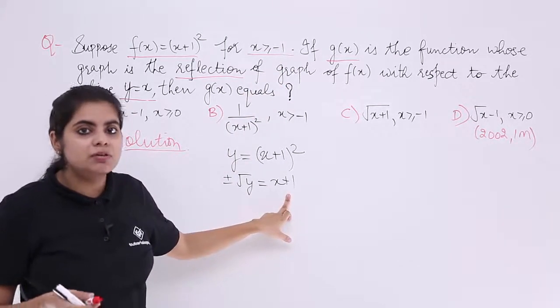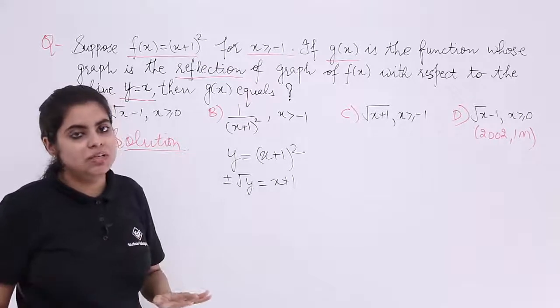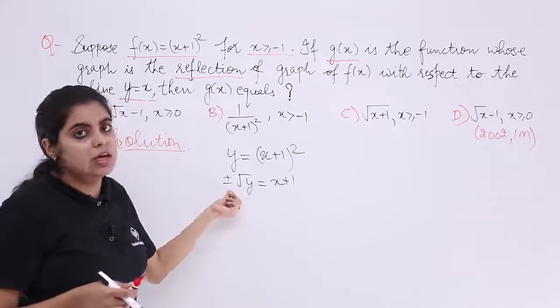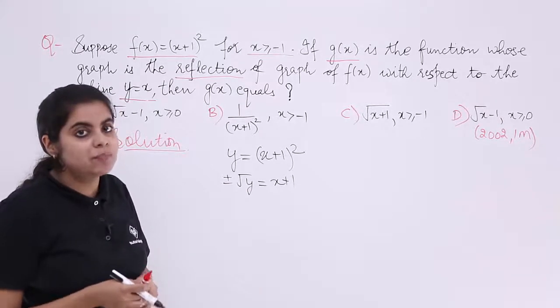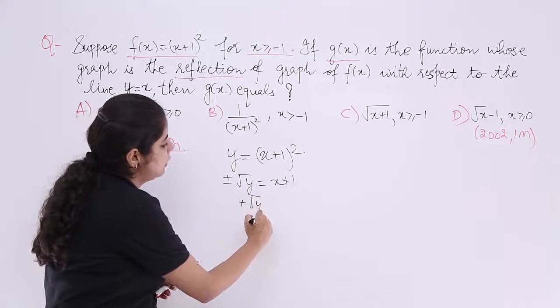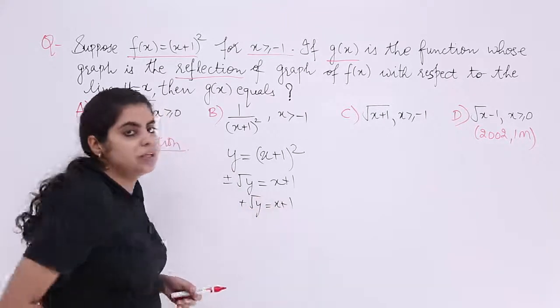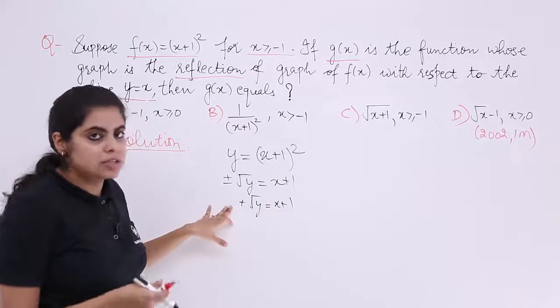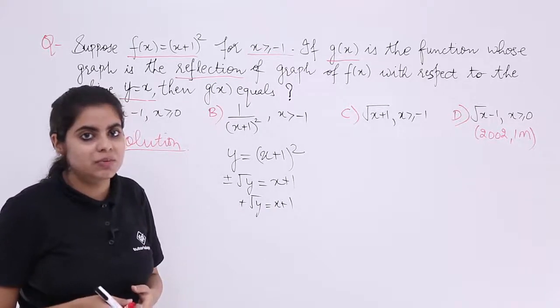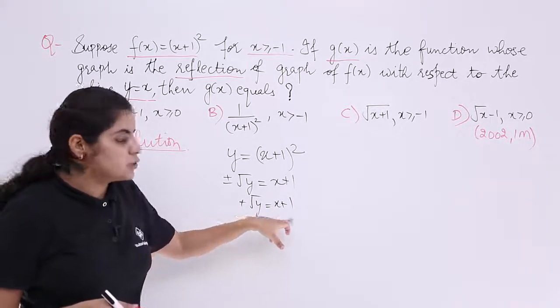So that means the value can never be negative. It has to be minimum 0. So I cannot write minus sign here. I'll have to take plus only. So I reject the minus part and I will take it as plus only. Right? You write plus, well and good. If you do not write, even then by default it is plus only. Right? So root y is equal to x plus 1.